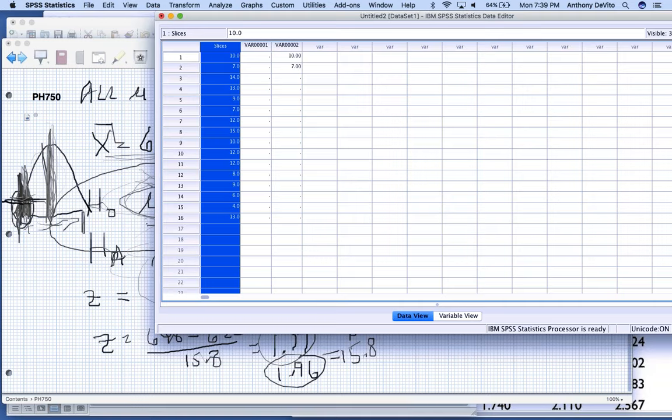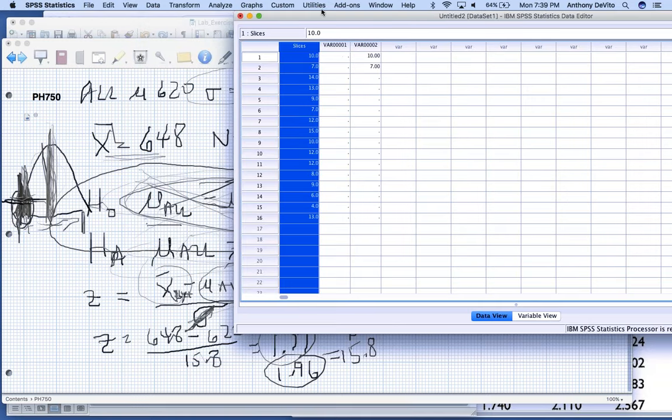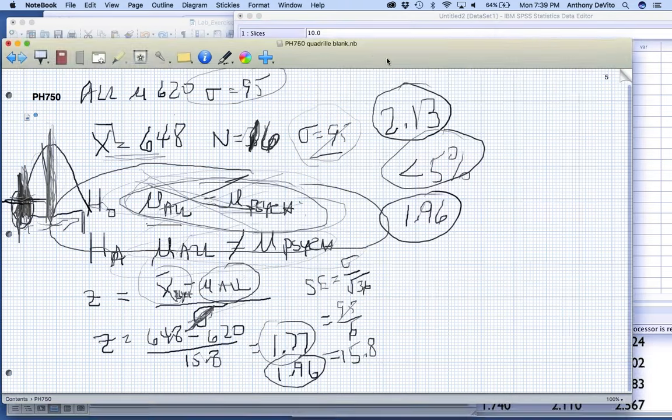And I asked you to tell me, let's set up that we have a sample in New York. We know it's 11 in Boston. We have a sample size of 16 in New York. And we want to test the hypothesis that there's a difference between the two of them. So let's set up our null hypothesis.